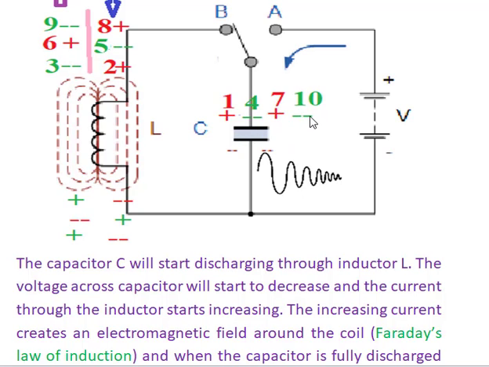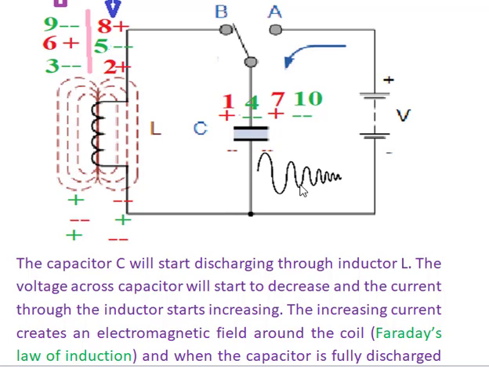Again, the process repeats. But due to the resistance in the capacitor and the inductance coil, it resists the voltage. Due to this resistance, the voltage charges and discharges go on decreasing.